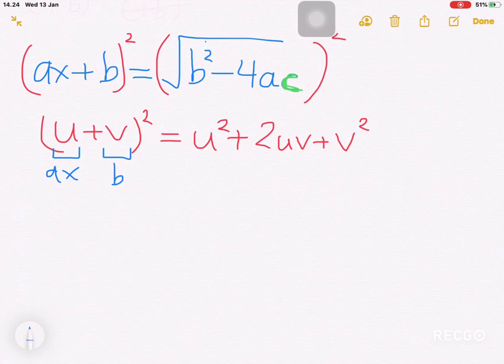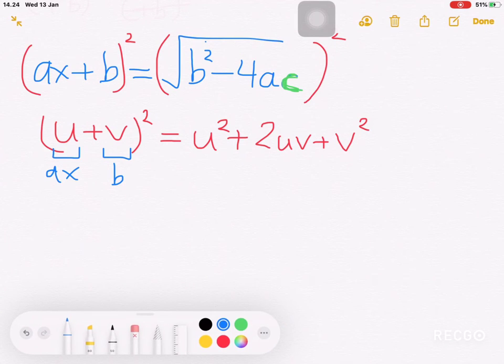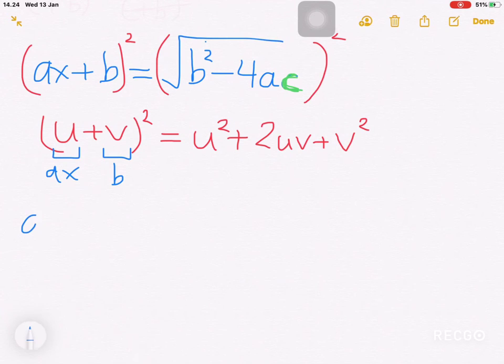So we can just rewrite this as u squared, which is ax in the parentheses squared, which is just the square of those separately. So we have a squared x squared plus 2 times u times v, which is 2 times ax times b, and I'll just sort it in order of the alphabet, because why not? And we have b squared, which is just that.